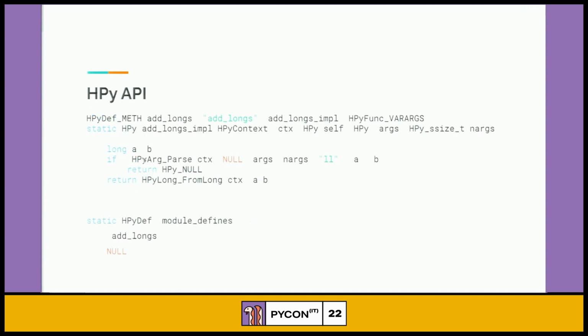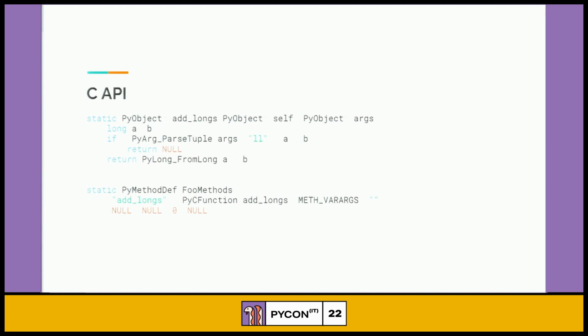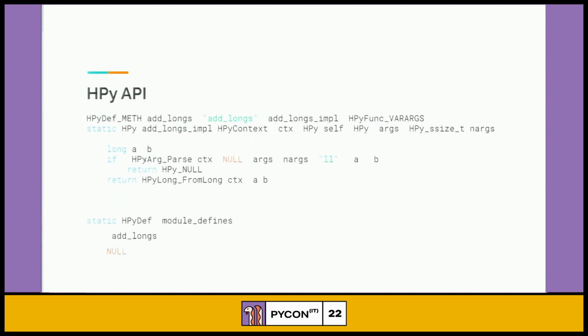The call to PyArg_ParseTuple becomes HPyArg_Parse, and you see it's very similar. You have HPyLong_FromLong instead of PyLong_FromLong. You notice that you pass the context around. Instead of PyMethodDefs, you have this module defines, but it's pretty similar.